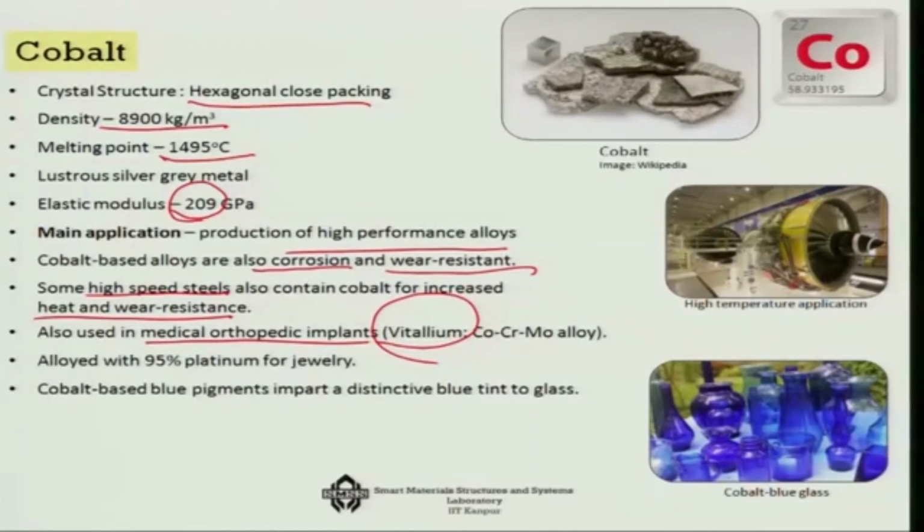They are sometimes alloyed with platinum, 95% platinum and 5% cobalt, for jewelry applications. Interestingly, cobalt is also used with ceramics and glasses to give a distinctive blue tint, cobalt glass. So, basically it has high temperature anti-corrosive applications.